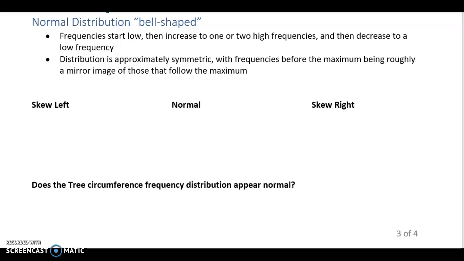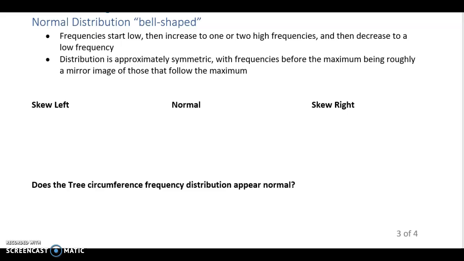Now that we know how to make a frequency distribution, we can look at the shape of it. A normal distribution is bell-shaped. So the frequencies will start low, then increase to one or two high frequencies, and then decrease to a lower frequency again. The distribution is approximately symmetric, with frequencies before the maximum being roughly a mirror image of those that follow the maximum.